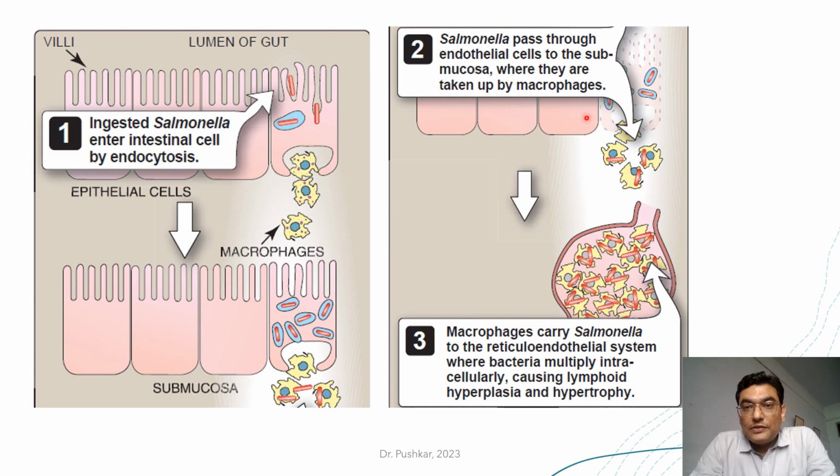Salmonella will enter the macrophages and macrophages carry the salmonella to the reticuloendothelial system by the portal pathway. There in the reticuloendothelial system, bacteria will multiply intracellularly and it will cause lymphoid hyperplasia and hypertrophy of the liver.